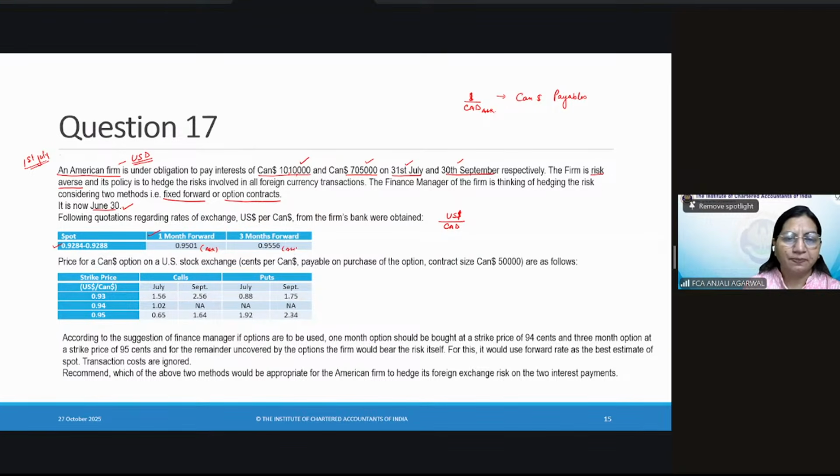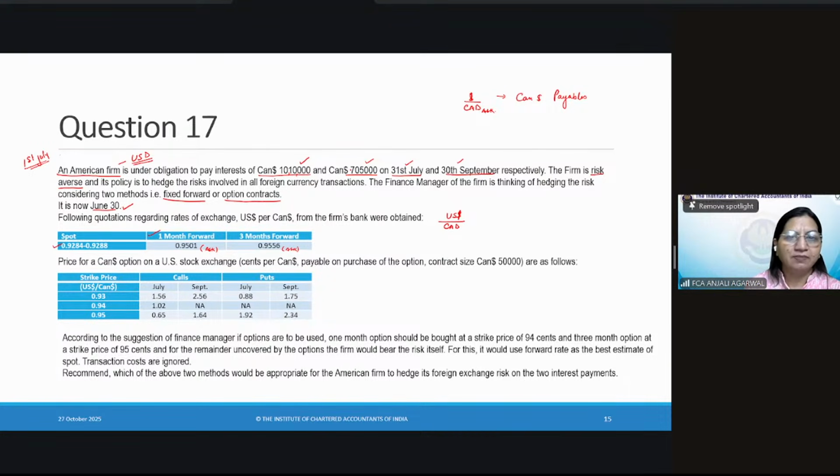So if it is saying 1 month forward is 0.9501, 3 months forward is 0.9556, that means exactly the ask is given for us. However, in the spot, bid and ask both are given. So if we were supposed to make the payment of Canadian dollars today, it would have been simple: 10 lakh 10,000 into 0.9288.